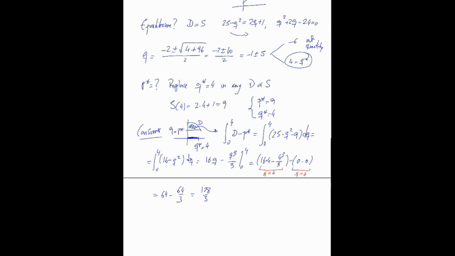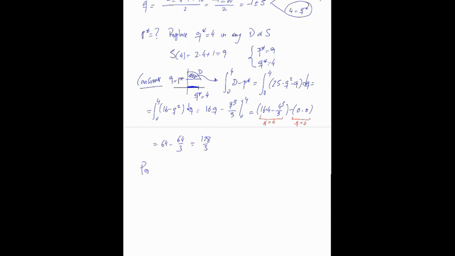What about the producer? If we go to the producer, the integral now involves the equilibrium price, which was 9, minus the supply, and here is the quantity. This is a triangle, so you can actually compute the area by geometry, but let's compute it by integration. That's the integral between 0 and 4 of the upper curve, 9, minus 2q plus 1, which is the supply curve. That equals the integral from 0 to 4 of 9 minus 1, which is 8, minus 2q dq.